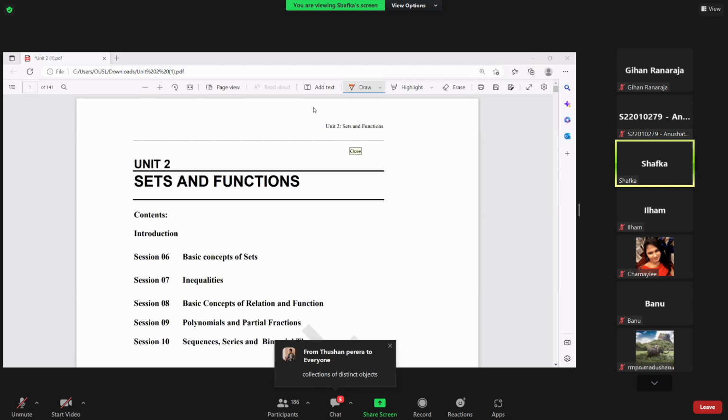Same kind of element. Okay. Collection of distinct objects. Yes. Tushan said it's a collection of distinct objects. Yeah, we can't repeat the same element again and again in a set. That is the smallest collection that can represent the set.